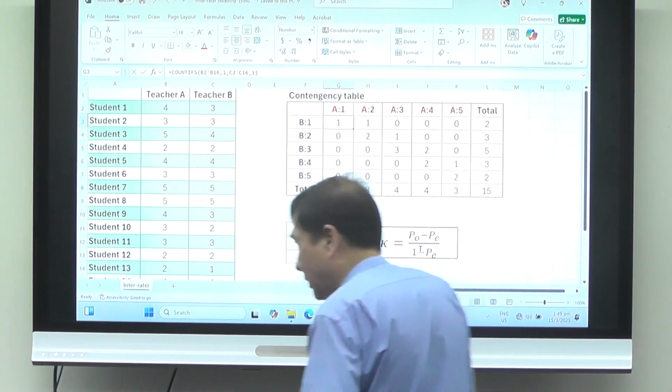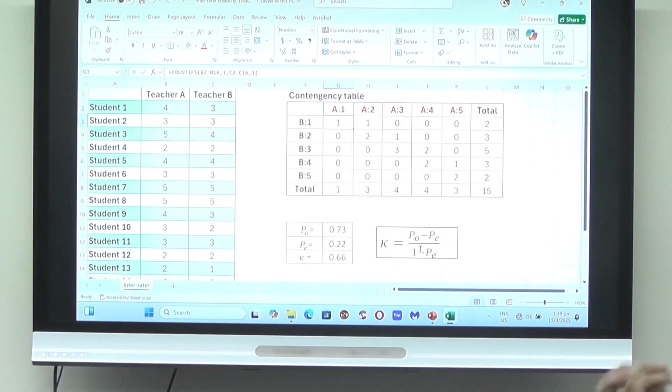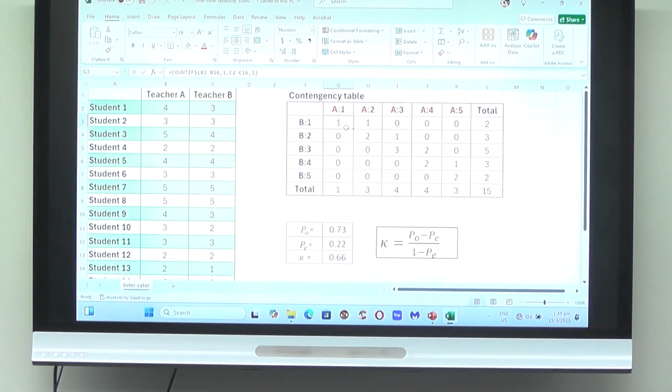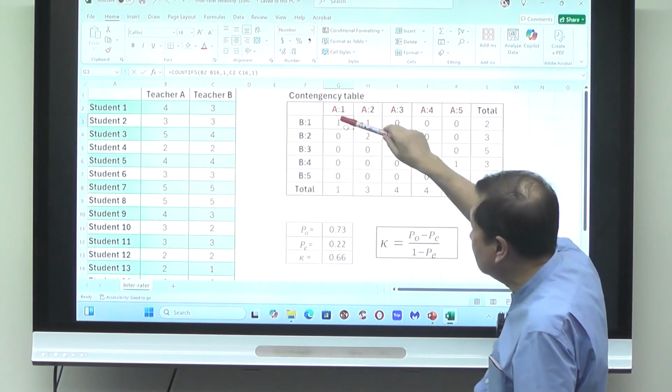Now, let me explain. What does it mean? You are going to find that the two raters give the same score, right? 3 and 3. And you want to count how many of them. B2 to B16 are the scores given by teacher A. I want to pick up what?